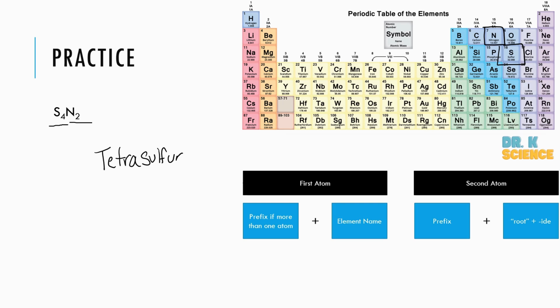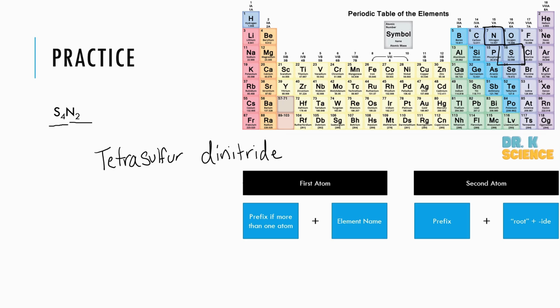That means our prefix will be di. And again, this is one word, so di, nitrogen becomes nitride, so this is dinitride, one word. So when you see these names, these are 2-word names. Our first word in this case is tetrasulfur, our second word is dinitride.